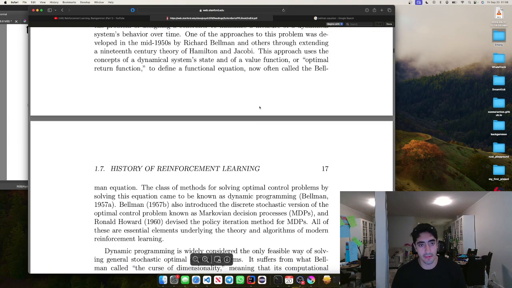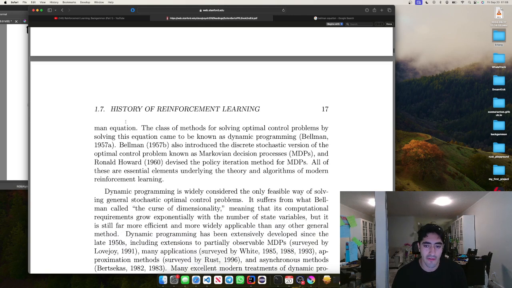The class of methods for solving optimal control problems by solving this equation came to be known as dynamic programming.